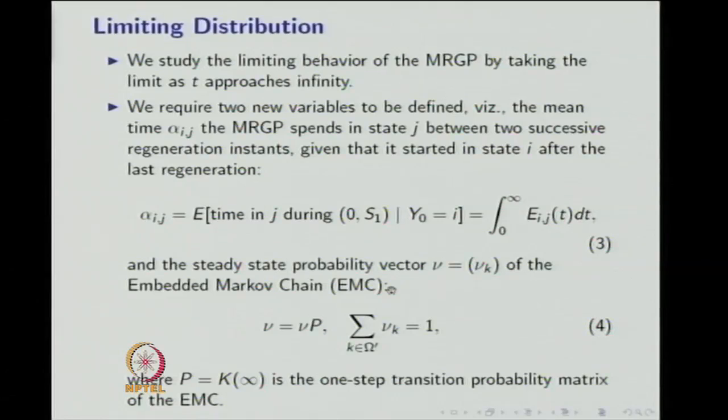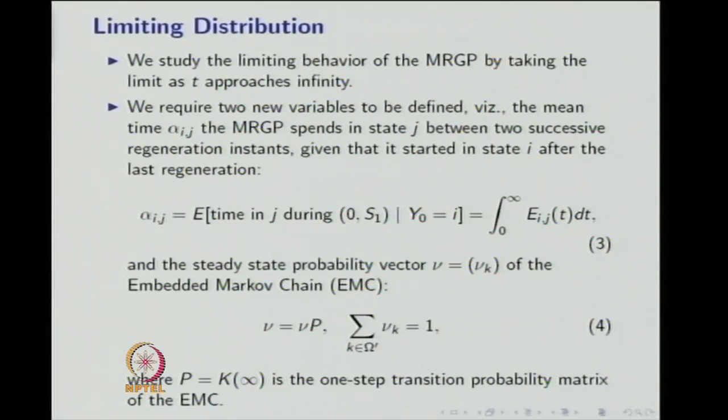And the second is the steady state probability vector V of the embedded Markov chain. That means V is equal to VP and the summation of V_k is equal to 1, where k belongs to Omega dash, and P is the one step transition probability matrix of the embedded Markov chain.